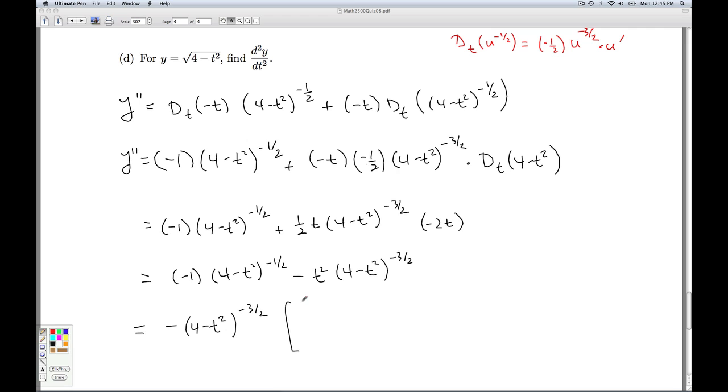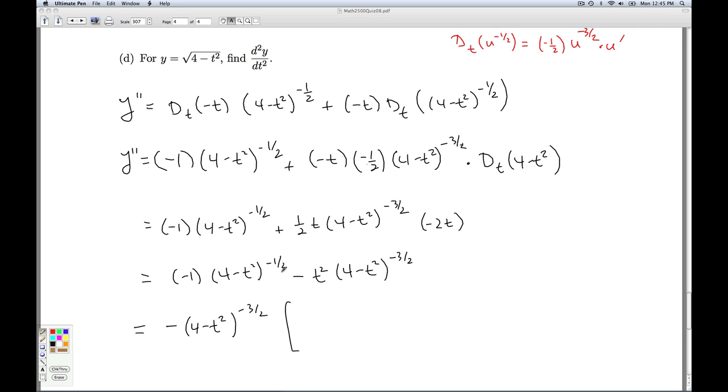And let's see what I get left inside. Well, remember, when you factor out something, it's the same as dividing it out. And so the negative we can see is going to be gone. But when you divide this quantity by this quantity, we're going to be subtracting the exponents. So when you factor out something to the negative 3/2, it's the same as dividing by something to the negative 3/2, which is the same as multiplying by something to the 3/2.